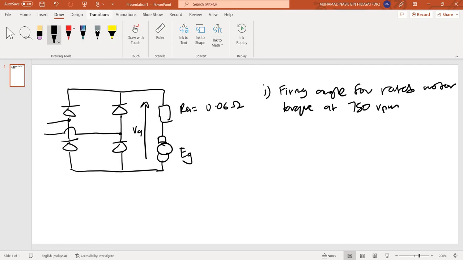If you remember the three important equations, VA or EG equals VT minus IA RA, which is also equivalent to a constant times speed. So here we can find the value of the constant.